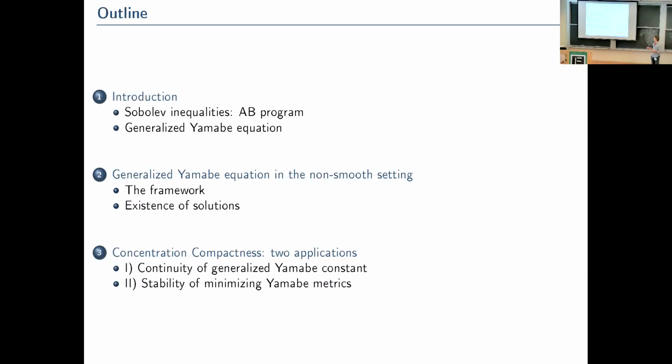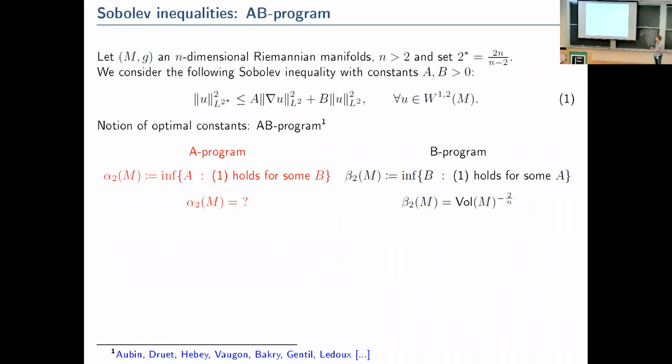Then I will get to these techniques of concentration compactness in order to get some applications. The last one I didn't advertise because it's very recent. So let's see at the end.